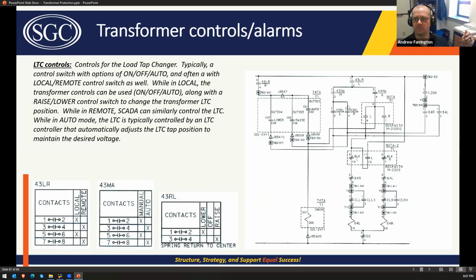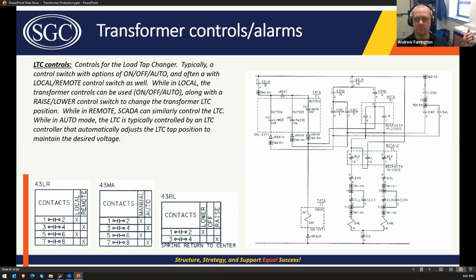And then this one will close when you want to raise it. So now those are your three switches that I was just describing. So you've got all the controls. If you're in local and you switch the auto manual control switch to automatic, now your LTC controller, in this case, it's a Beckwith M2001D, it can raise and lower the LTC.